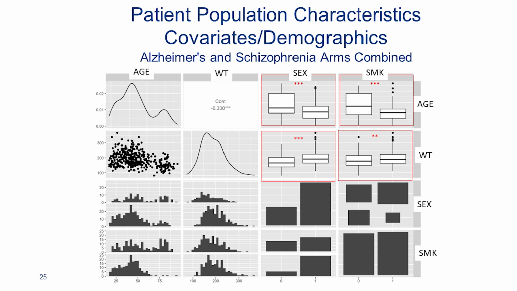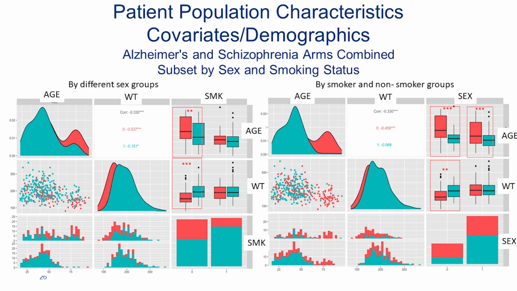Now, one of the major components is that we have these subcategories. So what happens when we subset these characteristics, let's say by sex and smoking? That's what's shown in this next set of plots. Again, on the diagonal, we have the distributions, but this is now by different sex groups.